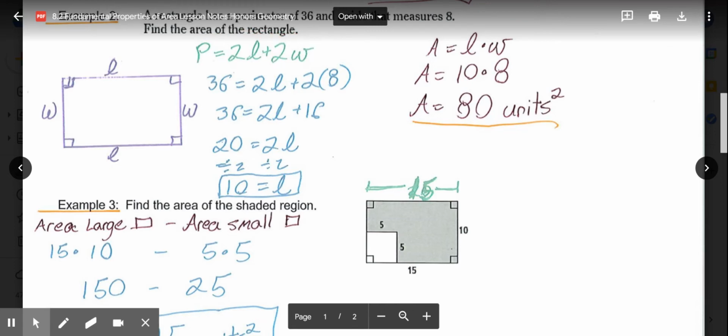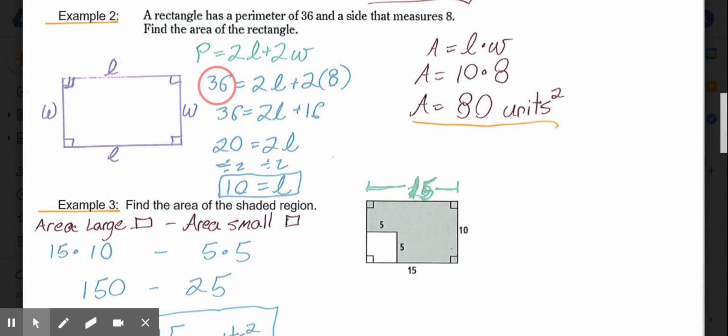So I just drew myself a simple rectangle with the widths labeled, lengths labeled. What I know is that one of the side measures was 8, and the overall perimeter was 36. So 36 equals 2L plus 2 times 8. So 36 equals 2L plus 16.